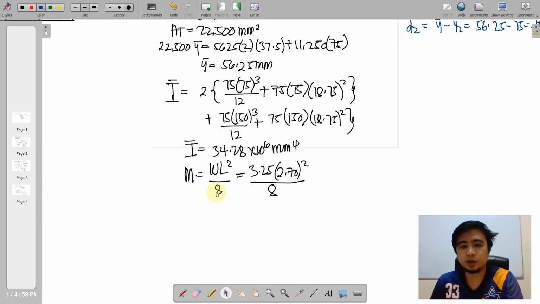So we have WL squared all over 8, and we will have here 2.96 kilonewton meter for the maximum moment.